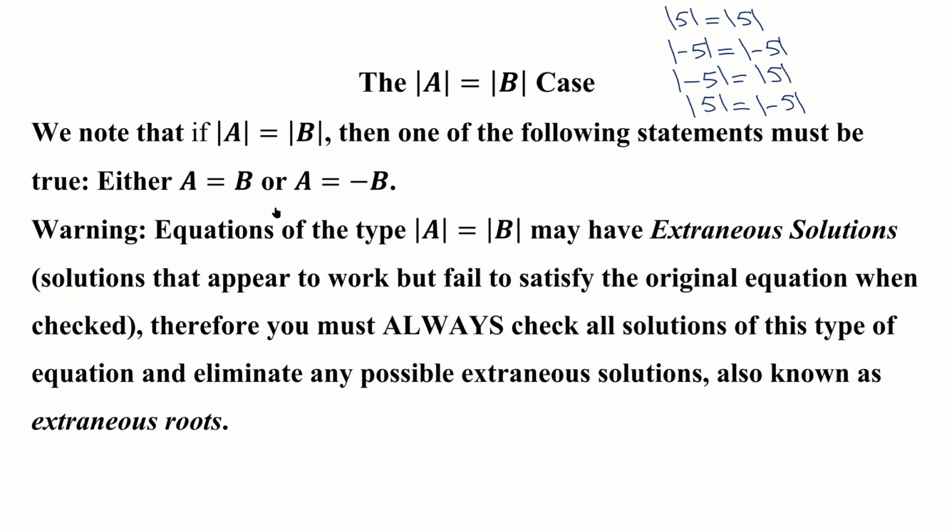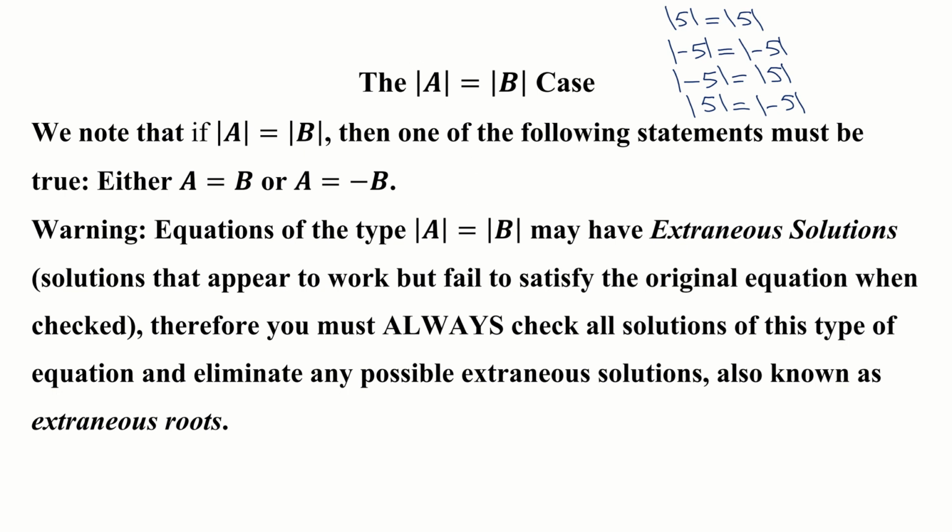Remember, checking for solutions is sometimes optional, right? There are other equation scenarios where extraneous roots become possible, so with those, checking is not optional. It's part of the problem solving procedure, and that's the way it goes for this particular type.